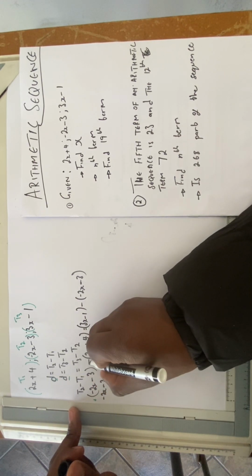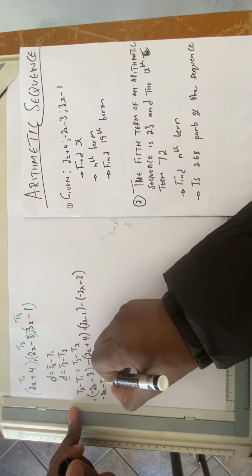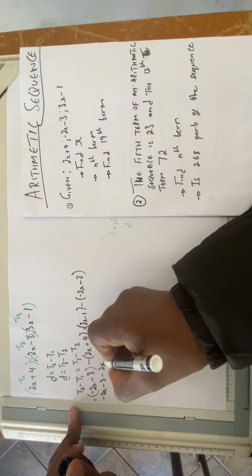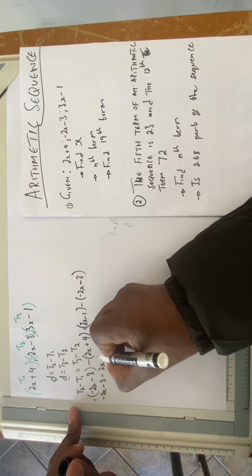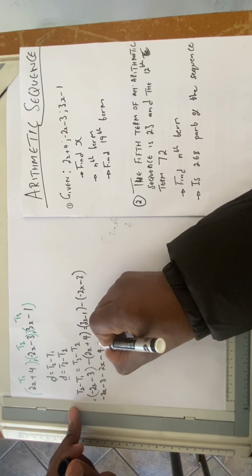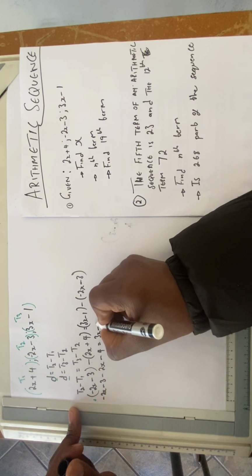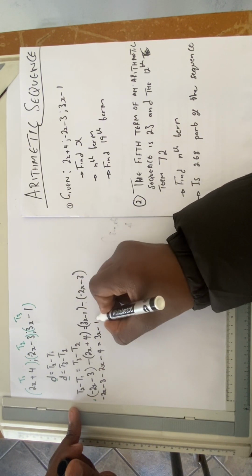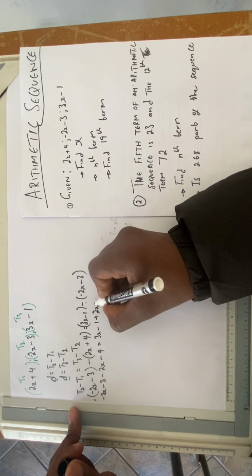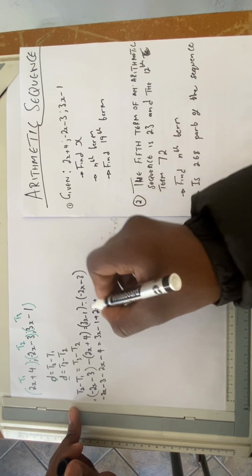Now this one will change. A negative multiplied by a positive will give me what? Yes, a negative. So I'll have a negative 2x. This by that, I'm going to get a negative 4. That is what I have. On the other side, I'll be having 3x minus 1. Negative times a negative, a positive. Negative times a positive, I'm going to get a positive.